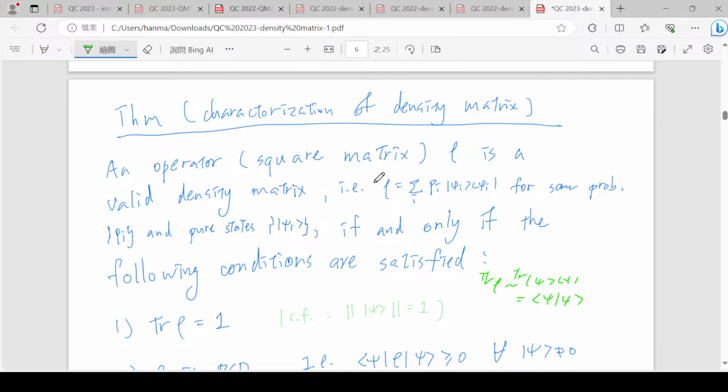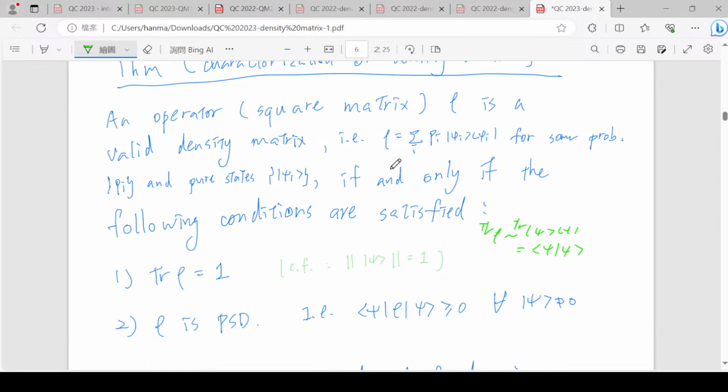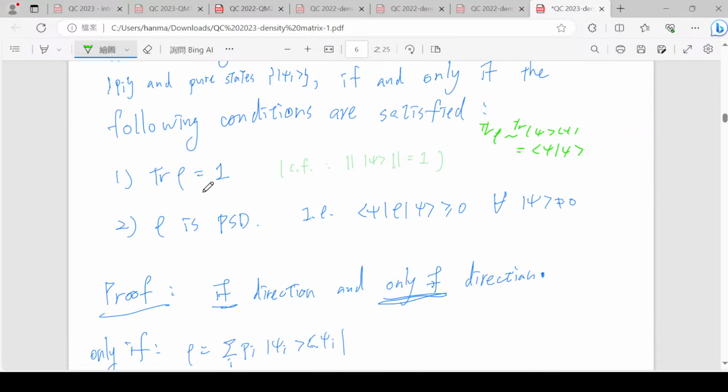We say that the evolution and the measurement, you can just look at this rho. And actually, you can just see what are valid rhos without even having an ensemble in the very beginning. You can just check whether a rho has trace equal to 1 and the rho is PSD. Then it's a good density matrix.